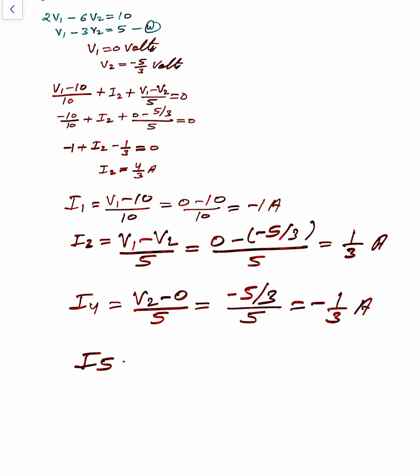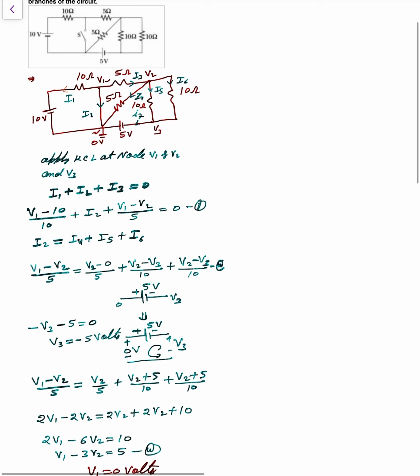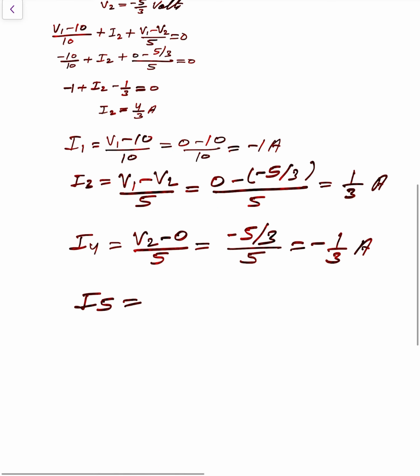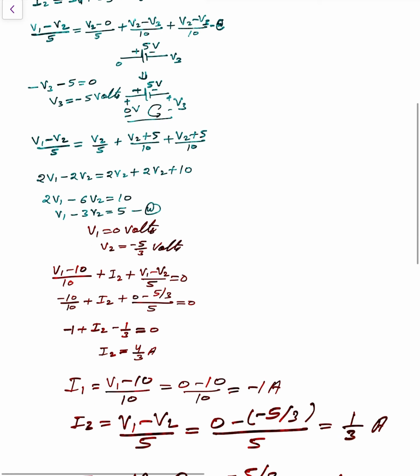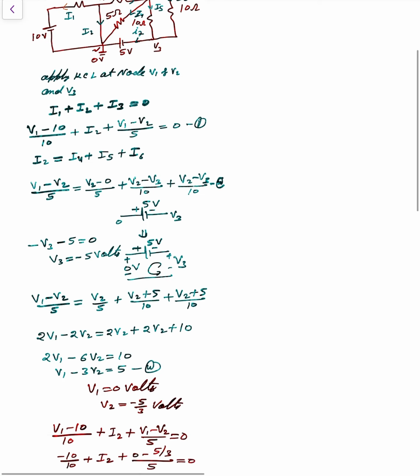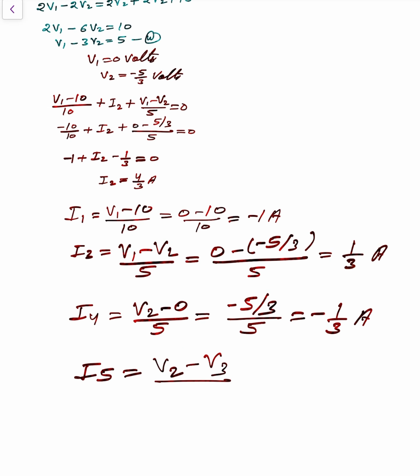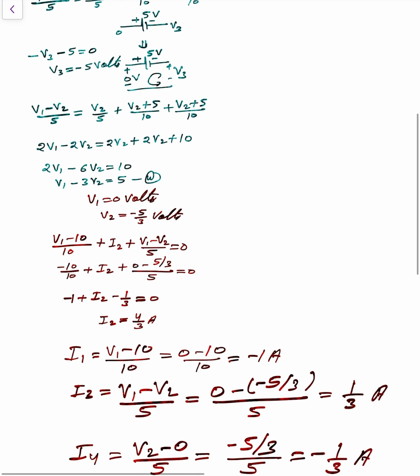And what about I5? I5 is V2 minus V3 divided by how much? 10. Okay. V2 is minus 5 by 3 and V3 is minus 5.